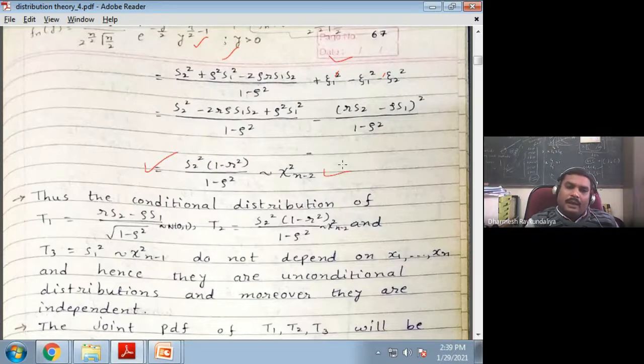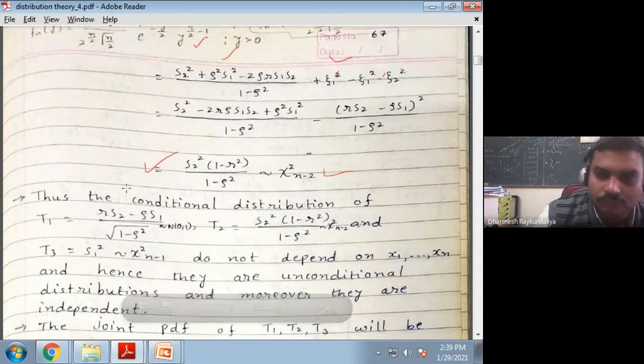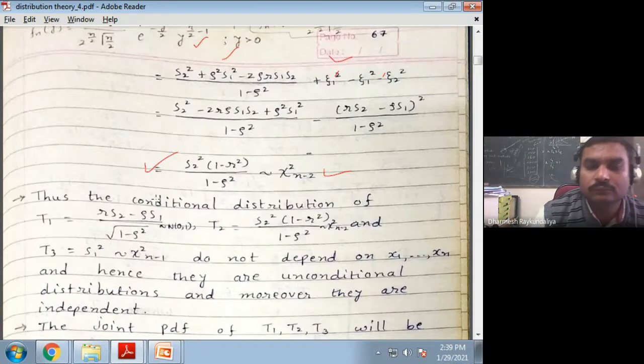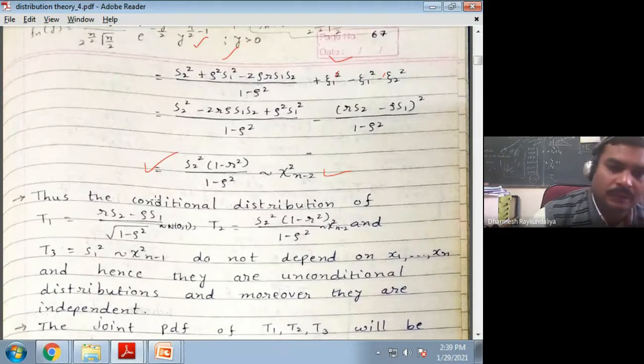So now we have xy1, xy2 and, tell me what it is, summation wi square minus xy1 square minus xy2 square, or it is summation i running from 3 to n xi square. Now I am saying this quantity is t1.